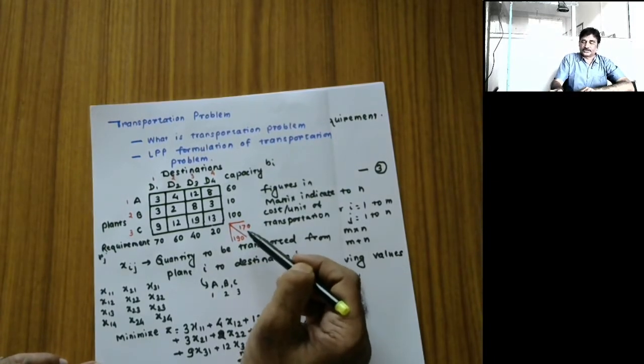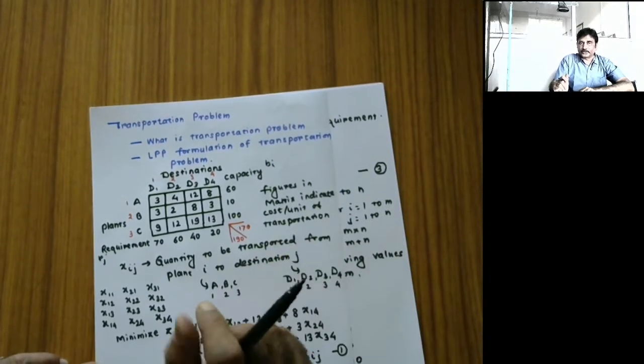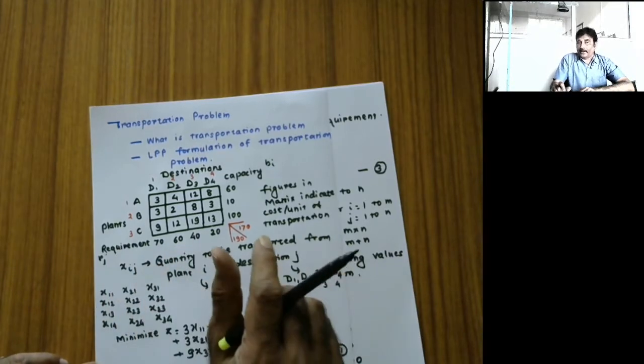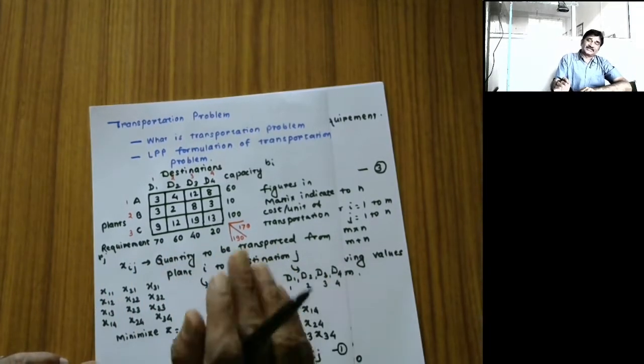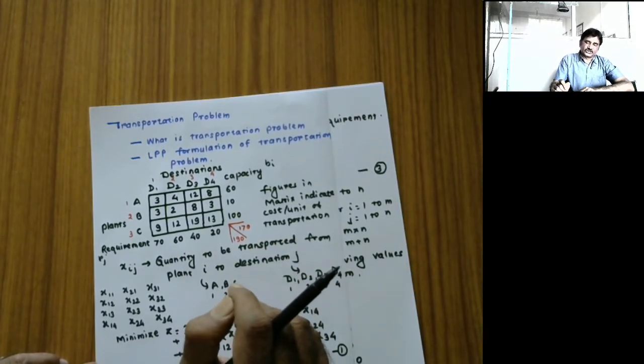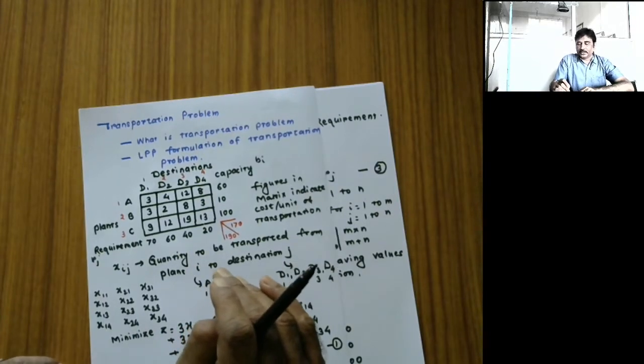The difference between 190 and 170 is 20 units. So what I will be doing, I will be taking one dummy plant whose capacity is 20. In that case, my sum of the capacity is equal to 190 and requirement also will be 190.